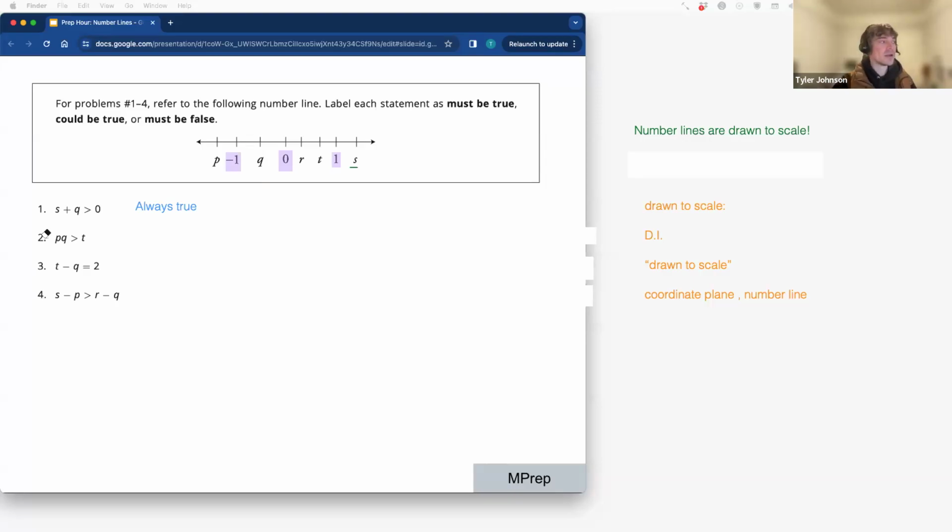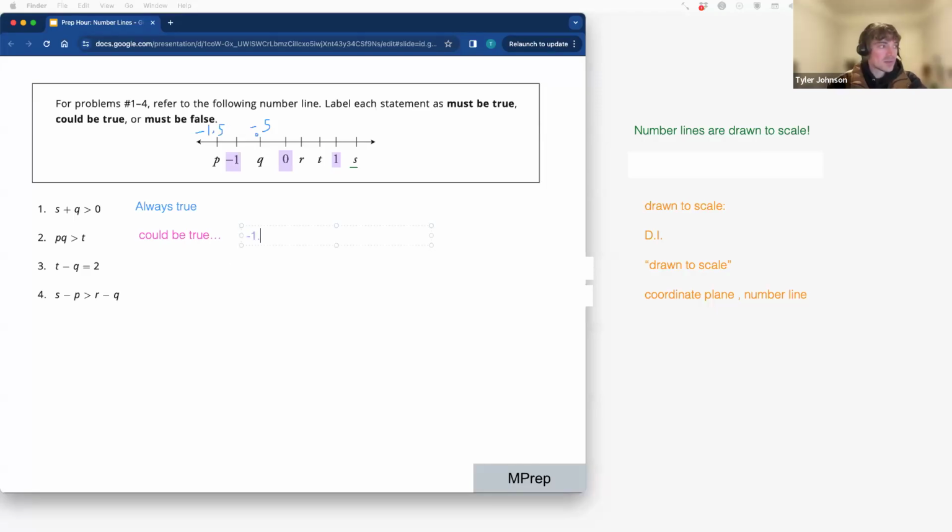The murkier one here is number 2. That's a statement that may be true or it may be not. I need more information to really boil it down. Because one way to interpret this, I could say maybe Q is -0.5 and maybe P is -1.5.